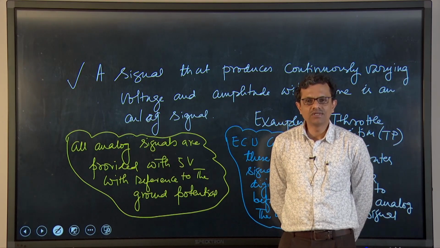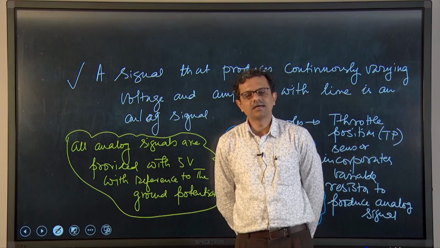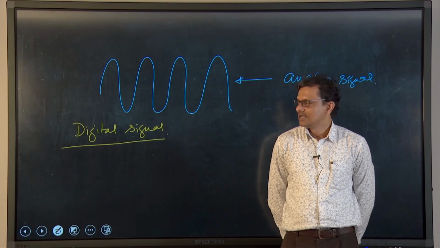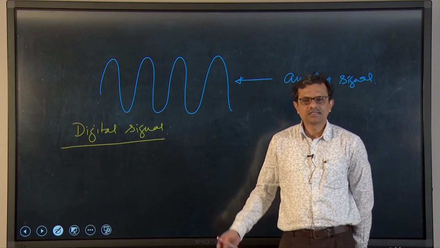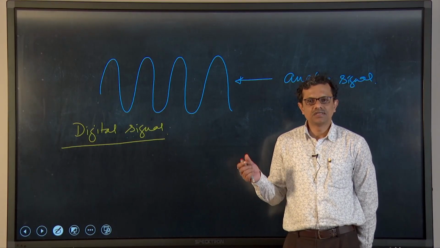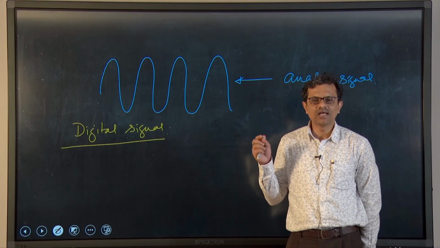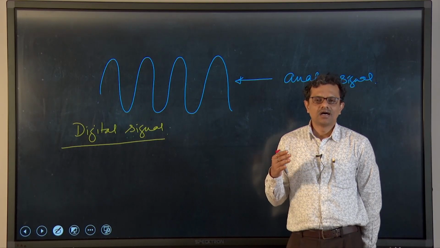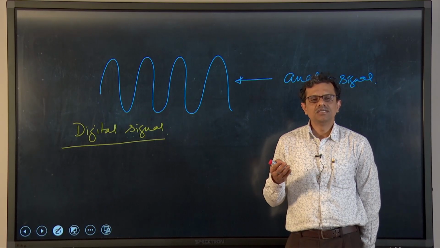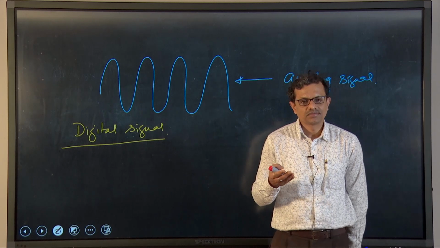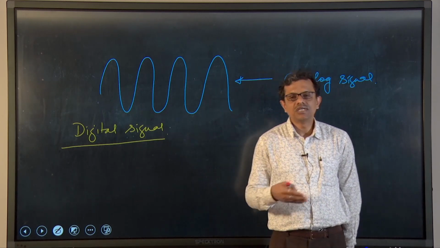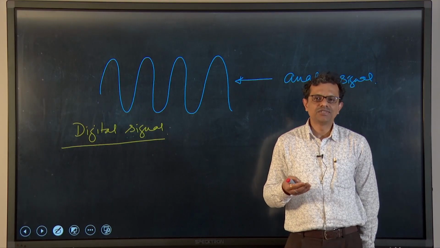So, let us discuss a few important points about the digital signal. From the understanding we have about the analog signal, digital signals do not produce continuously varying voltage and amplitude with time.